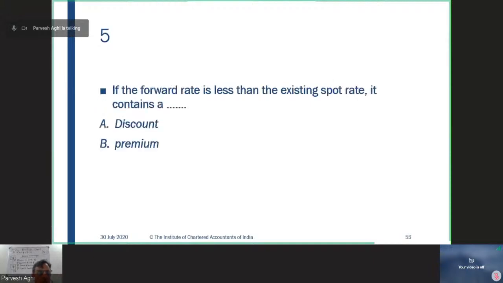Okay. Now we come to the MCQ number 5. If the forward rate is less than the existing spot rate, it contains a discount or a premium. Pretty simple. For MCQ number 5, what would be your response?